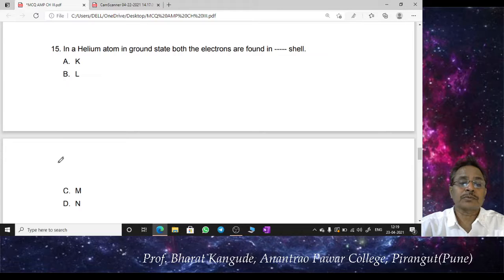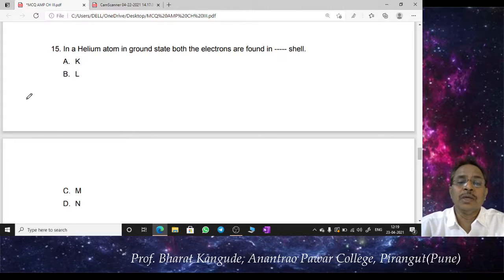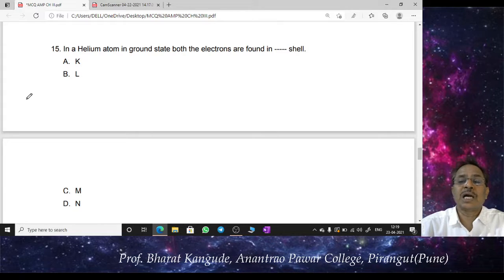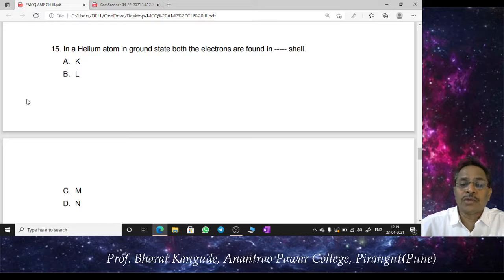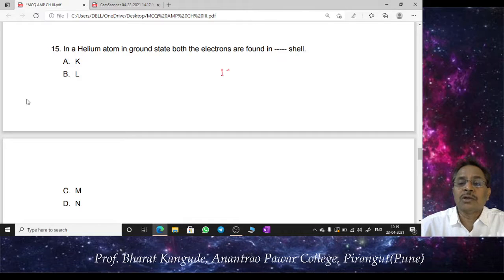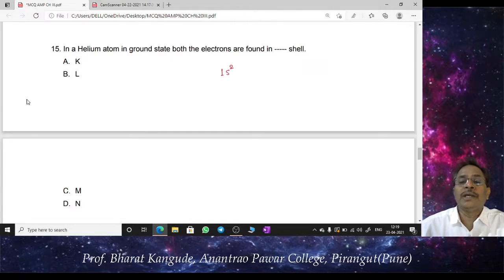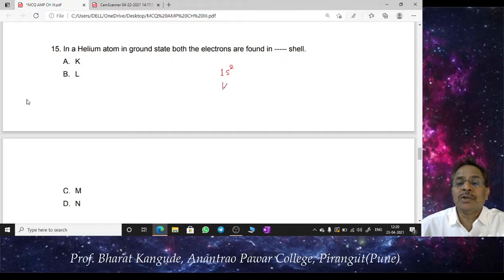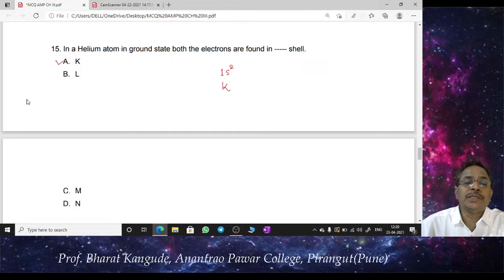Question number 15. In a helium atom ground state, both the electrons are found in. Now we have to go for the electronic configuration. The electronic configuration for helium is simply 1s2, and this is nothing but your K shell, and therefore option A is correct.